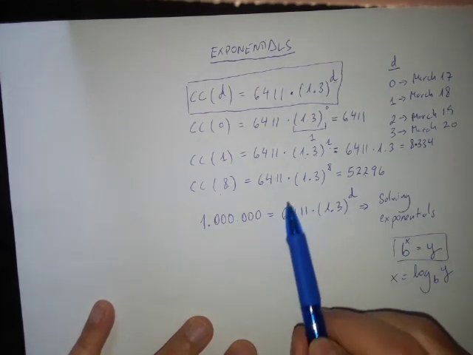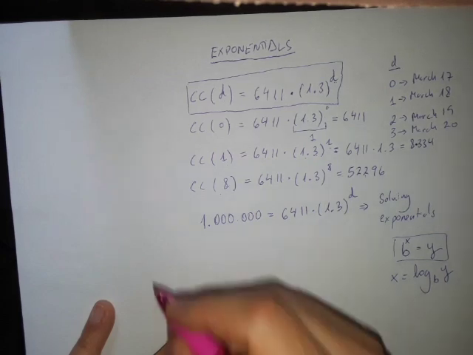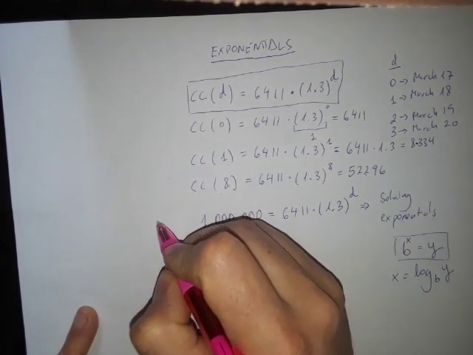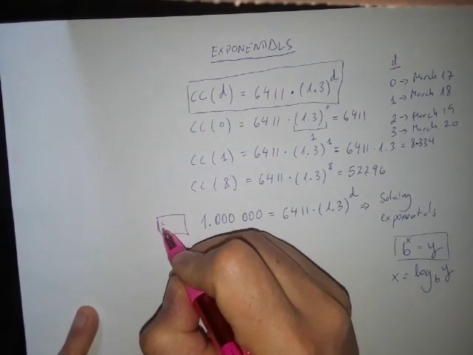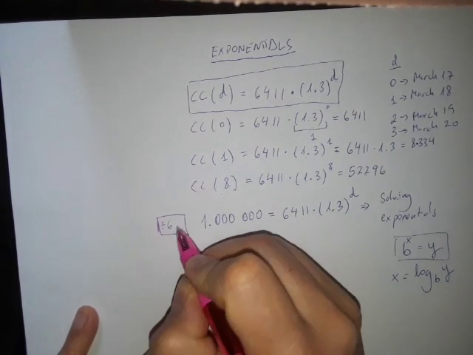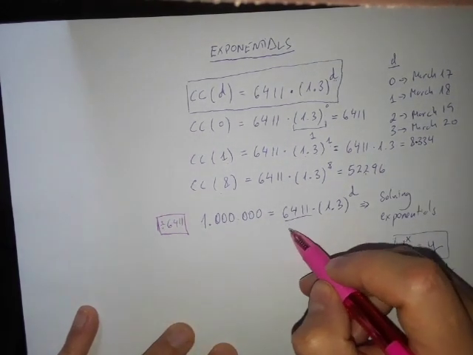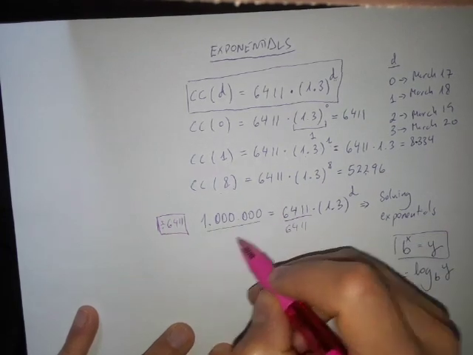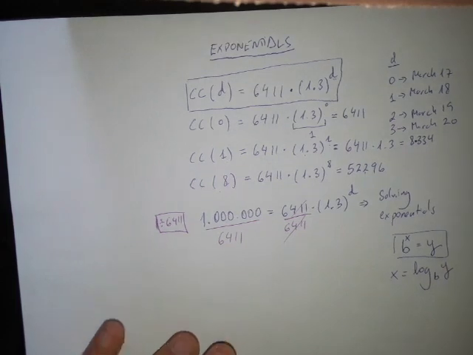So this is annoying us, so we need to get rid of it. What we're going to do is divide both sides over 6,411. Okay? So when we do that, this is going to cancel out.